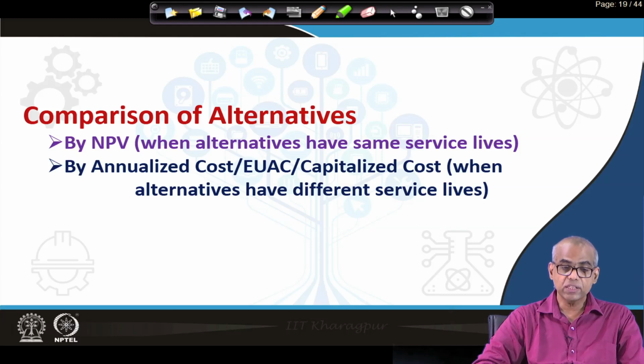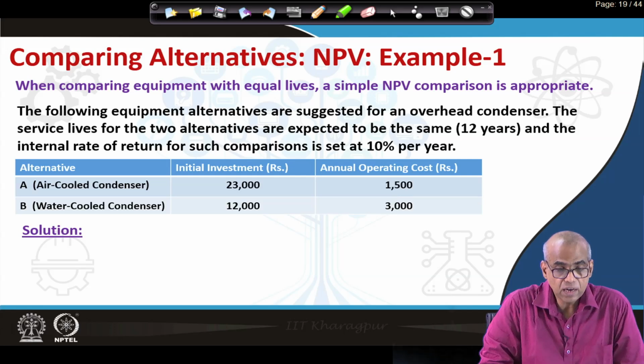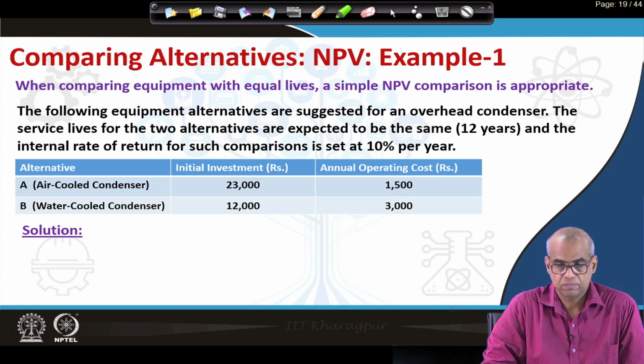We will use the annualized cost method, or equivalent uniform annual cost, or capitalized cost when alternatives have different service lives. Now, we will take examples and try to understand how to compare alternatives.